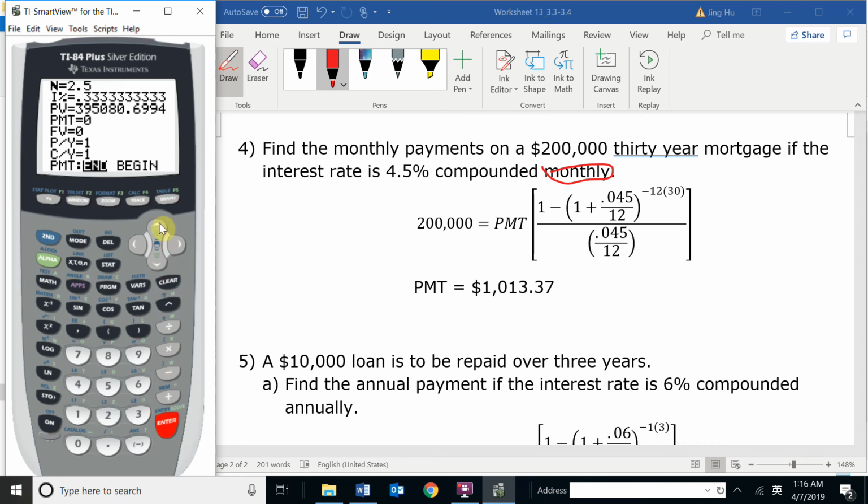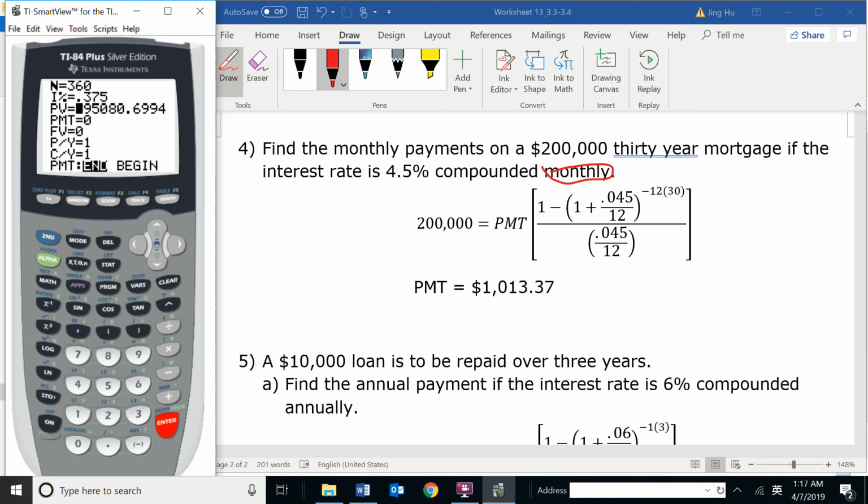Oops, it's times, not divided by. So 30 times 12, and interest is 4.5 since the keyword is monthly, so divided by 12.